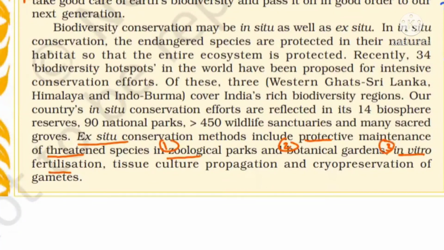Wildlife safaris, we have studied there. In vitro fertilization, tissue culture technique, cryopreservation of the gametes, that is gene bank, and finally seed bank. So in total they have given it here also. I hope up till here you are able to understand each and every point.